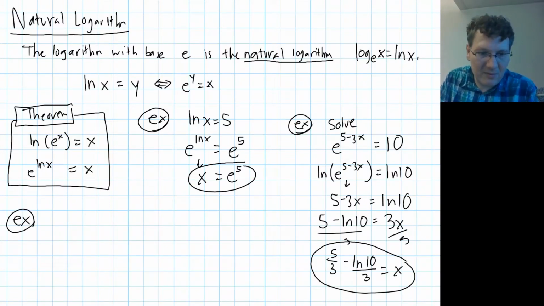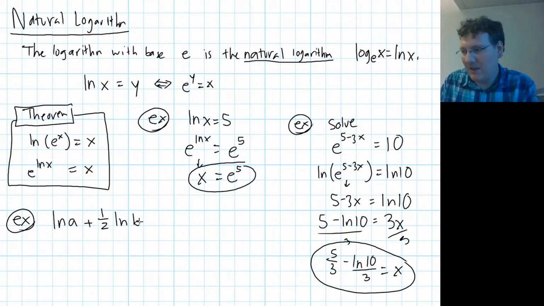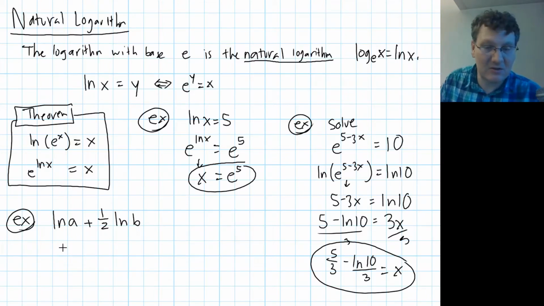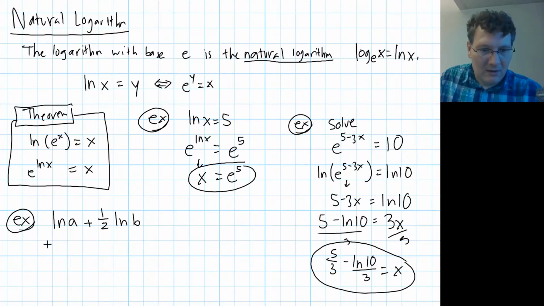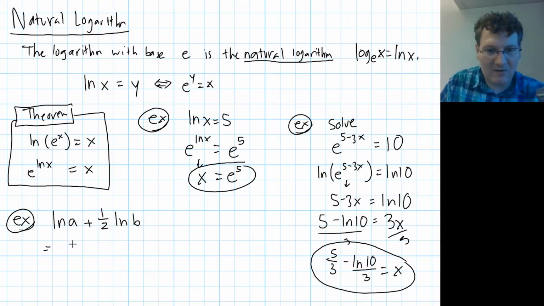Let's take another little example. Let's look at the natural log of a plus 1/2 the natural log of b. I wanted to look at how you would express this as a single logarithm. In order to add two logarithms together, you can't have coefficients.